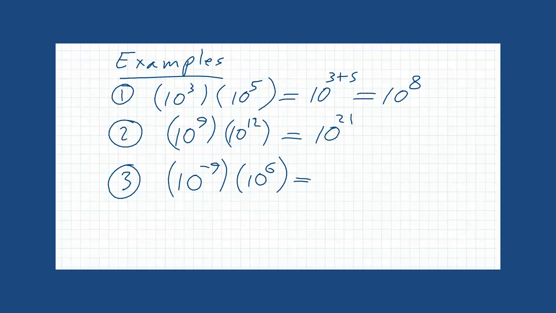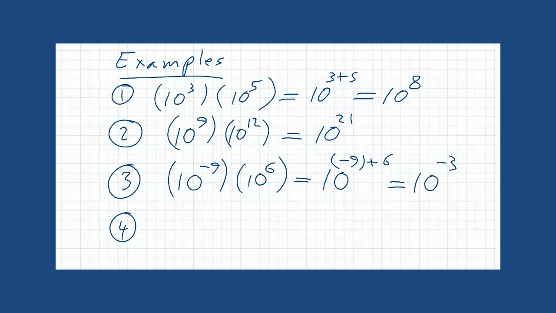The same rule, 10 and add negative 9 to 6. As we took before in adding signed numbers, this is going to be 10 to power negative 3.